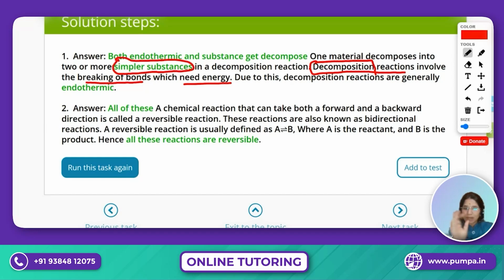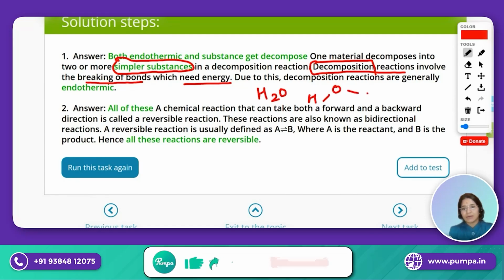So simply you can write the definition: a decomposition reaction is where one substance is broken down into two or more simpler substances. Decomposition reactions definitely involve breaking of bonds, which needs some energy. Like when you take H2O, how are the bonds? Oxygen and hydrogen, this is how it is bonded, right?